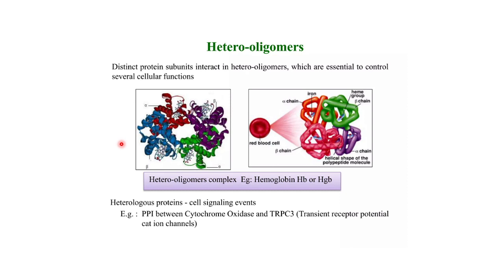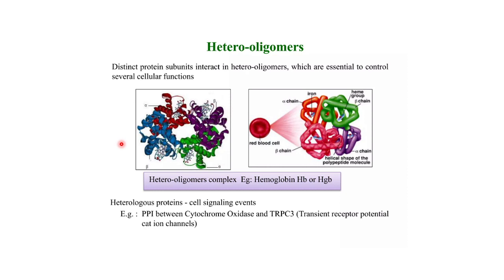Like you have hemoglobin. Okay, so the four subunits you have are two alpha chains and two beta chains. So that is an example of a heterooligomer.